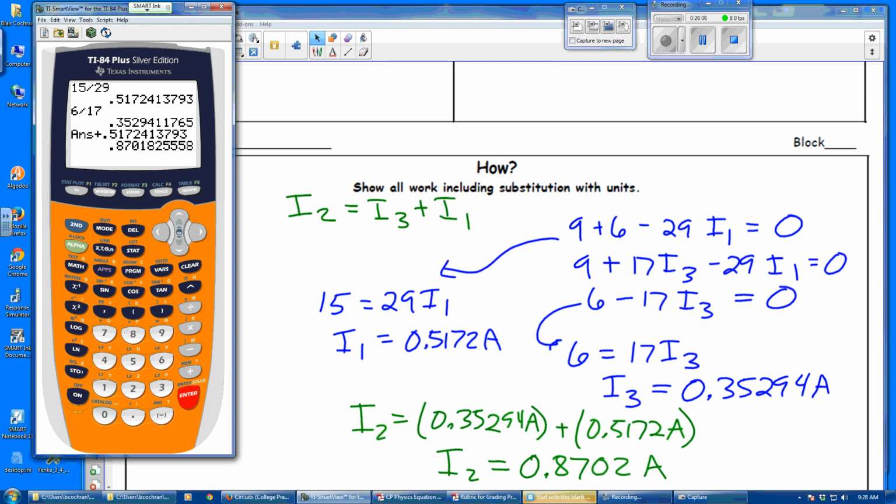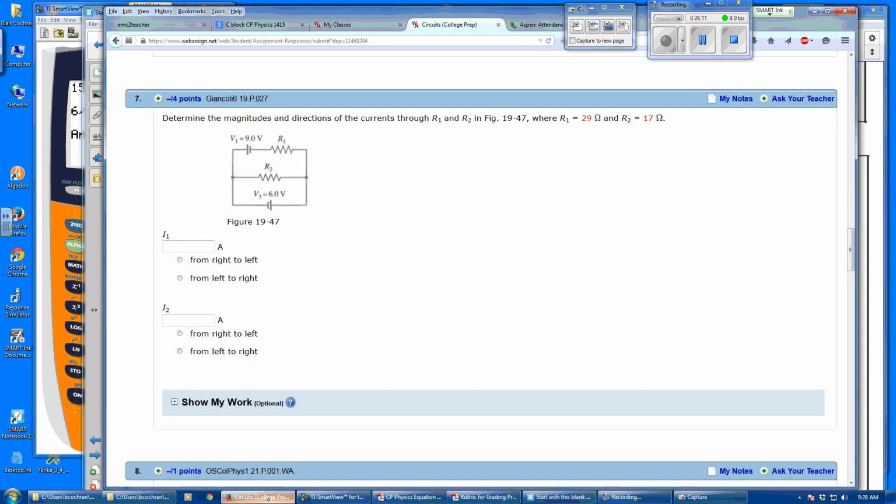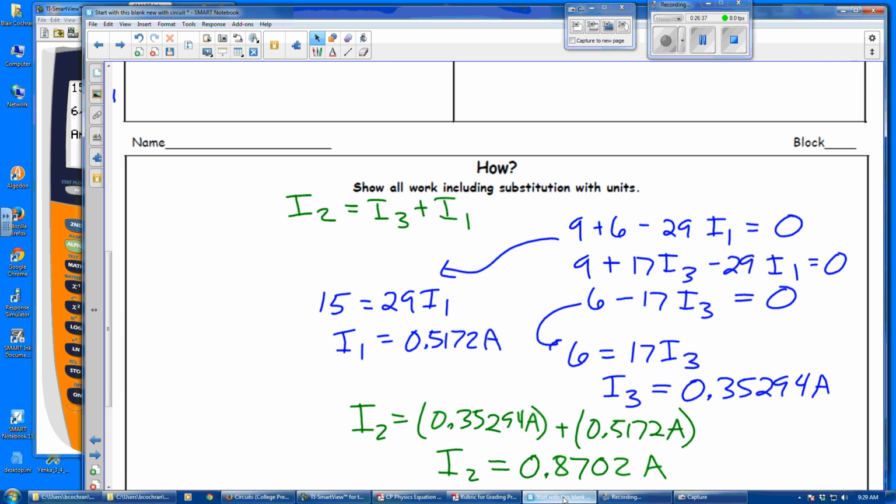And now it might be a good idea to look and see what they actually asked me to find. They want to know the current through resistor 1, the current through resistor 2. So resistor 2 we said left to right. Resistor 1 we said right to left. And then I can type in those values, see if we get it. So my I1 is their I1, right? 0.5172.